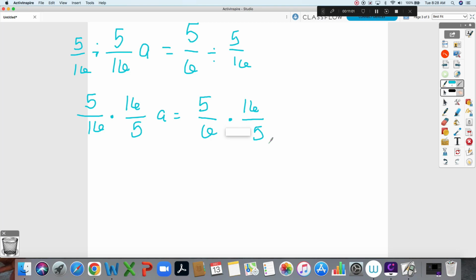So I flipped my second fraction and we'll change my sign to multiply.